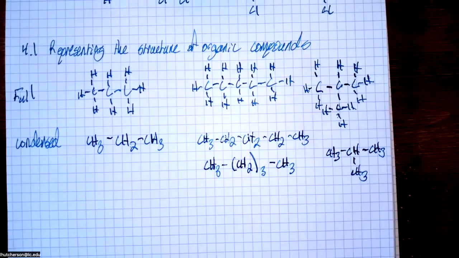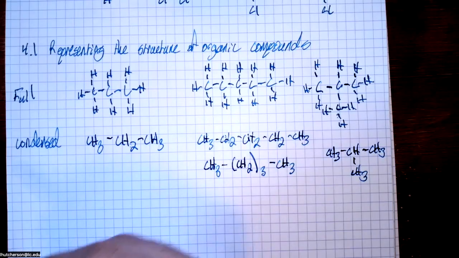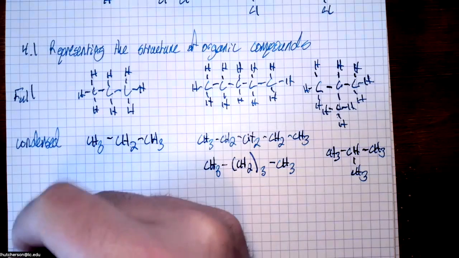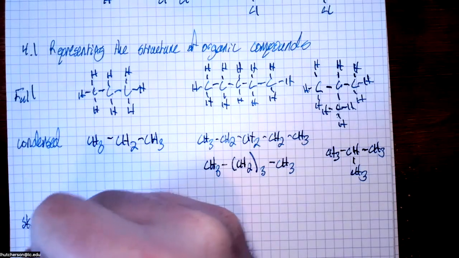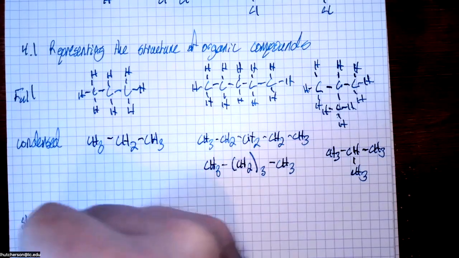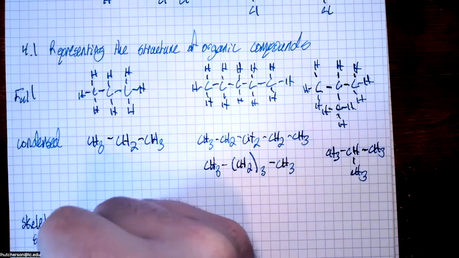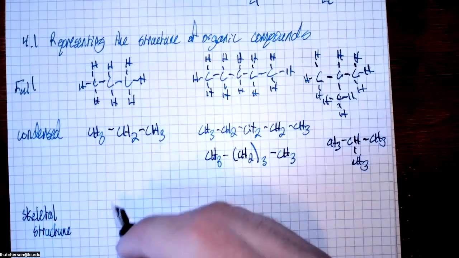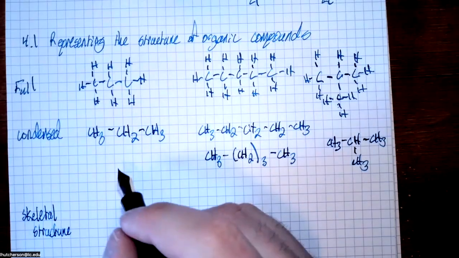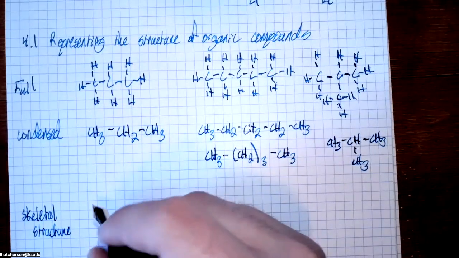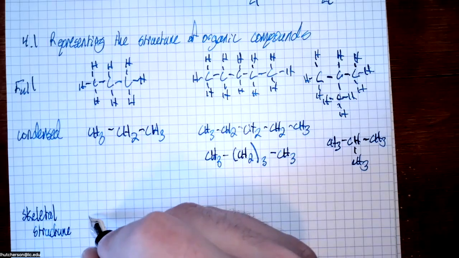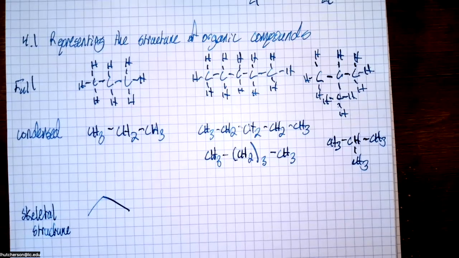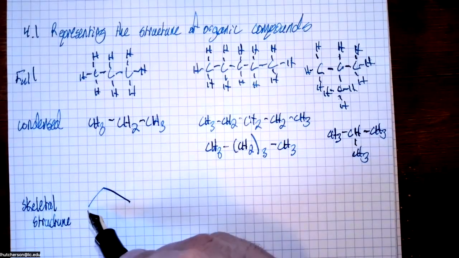But this still gets a little bit bulky to do. And so we have this other technique of representing structures called the line, or called the skeletal structure. That's the term your book uses. And this compound, here's how we show a skeletal structure of this compound. We show it like that, right? Now, here's what this means.